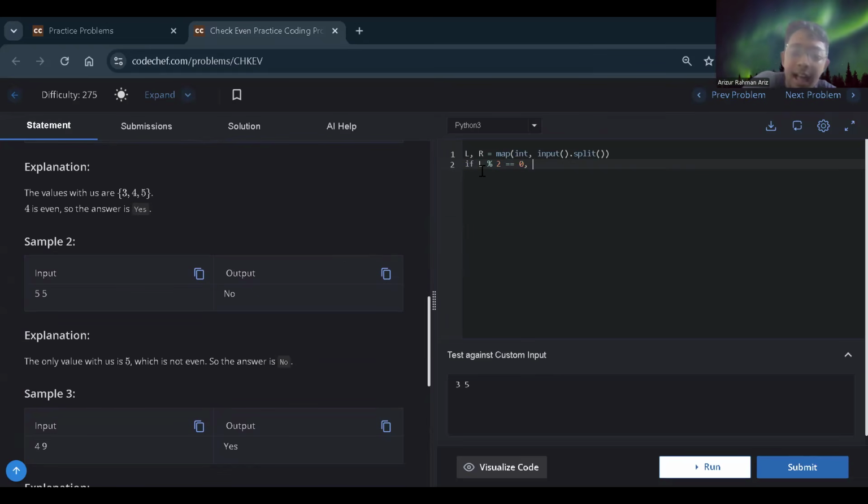So L modulo 2, which means L divided by 2 gives us 0 as a remainder or not. For example, L is 4. So 4 divided by 2 gives us remainder 0.